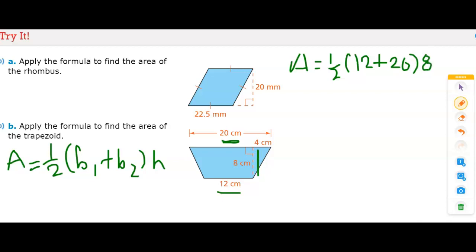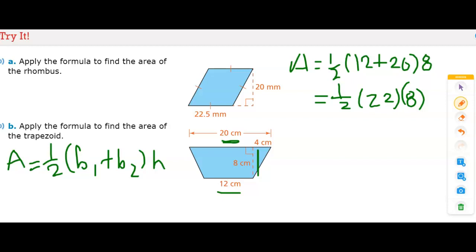Okay. And now we go ahead and solve it. So do parentheses first because we're doing order of operations. So 12 plus 20 is 32. So now we have 1/2 times 32 times 8, right? And so now we can do 32 times 8, or we could do 1/2 times 32.